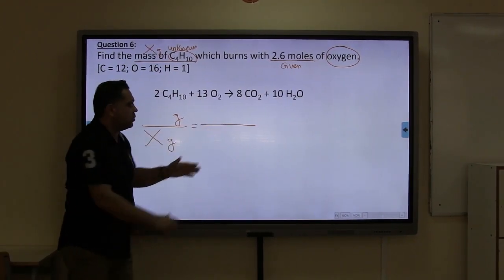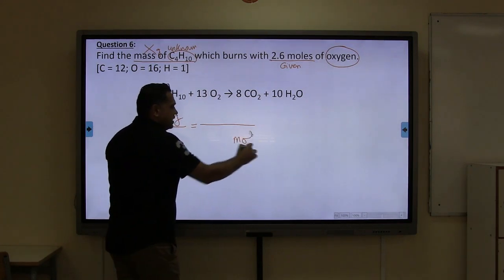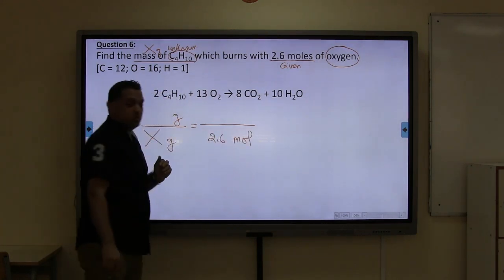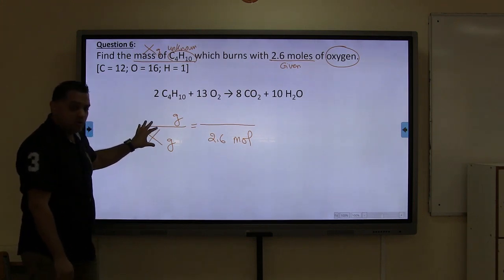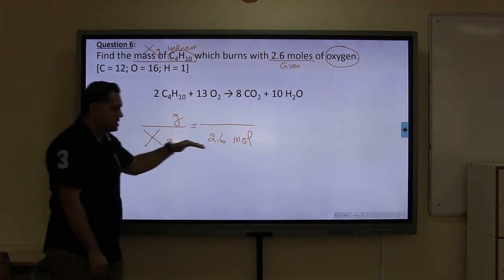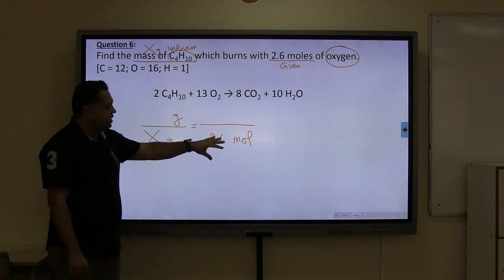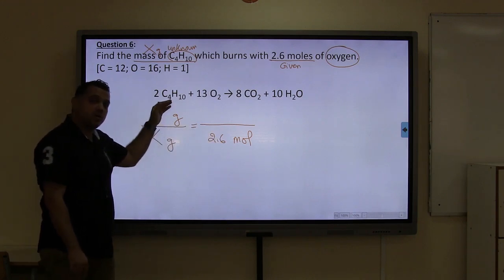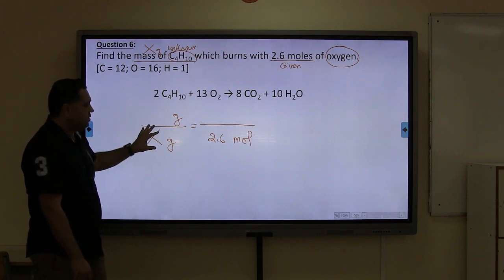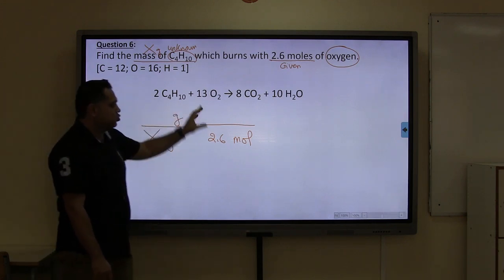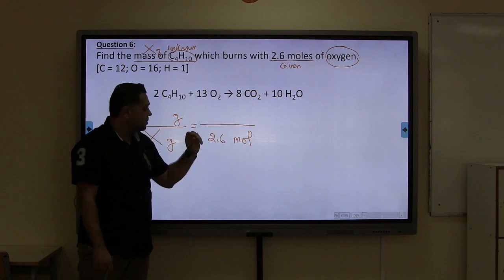So below oxygen, I will write moles. And this is the given, 2.6 moles. So again, I will repeat, unknown and given, they are on one side. Both of them can be downward, both of them can be upward. It's fine. So X grams of C4H10 will react with 2.6 moles of the oxygen.